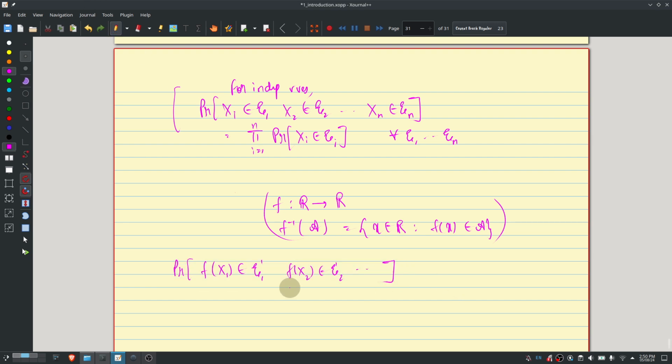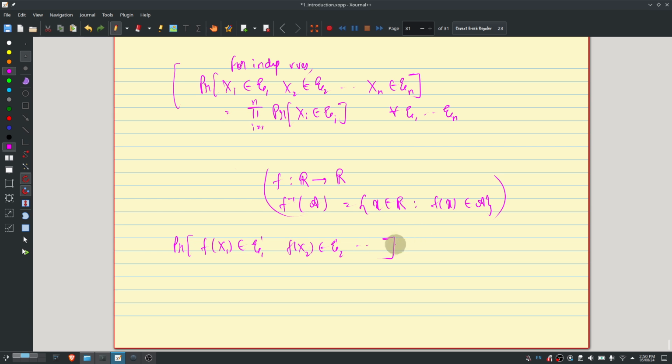So this probability is equal to this probability, f inverse of E1 prime and so on, right?